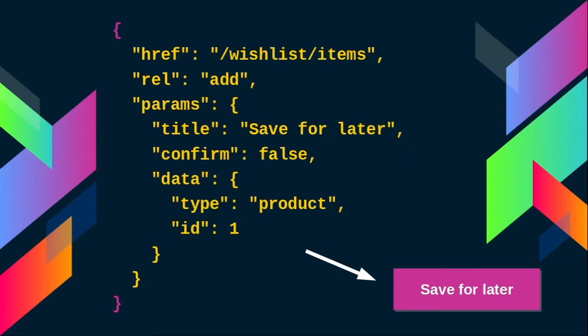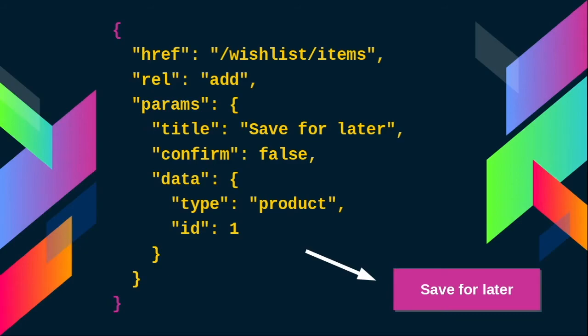Pretty powerful. What if the server runs out of that product, because someone just bought the last item? Cool. Then the server, instead of sending the link to buy now, sends a link to add to your wish list or save for later.